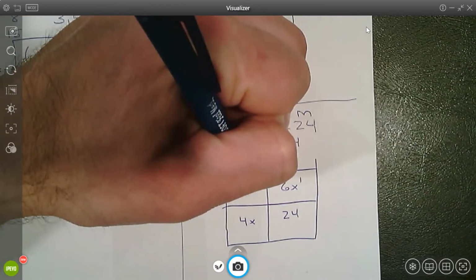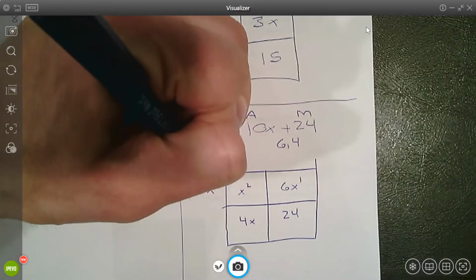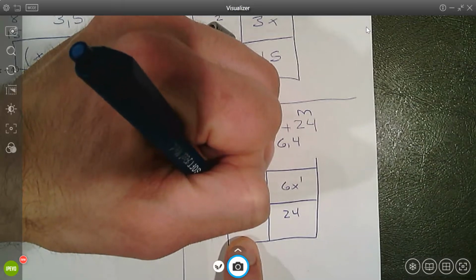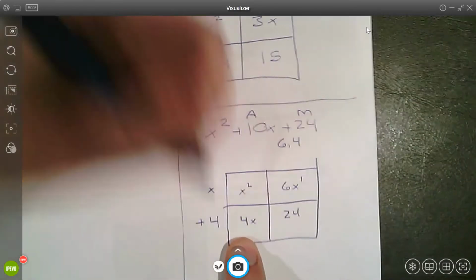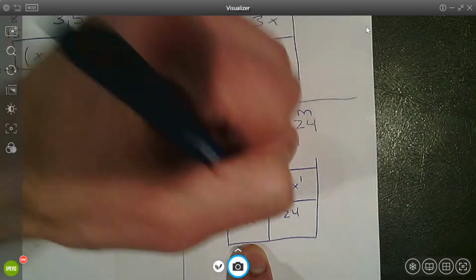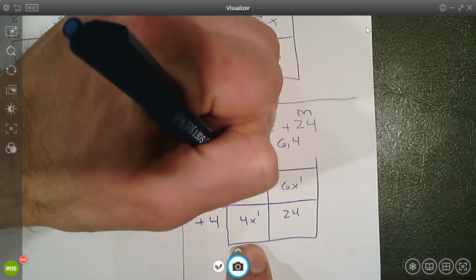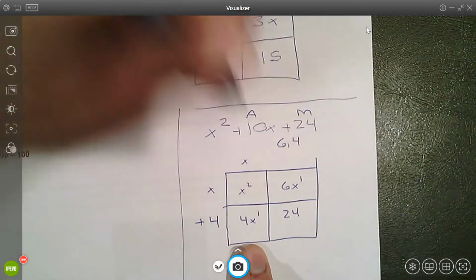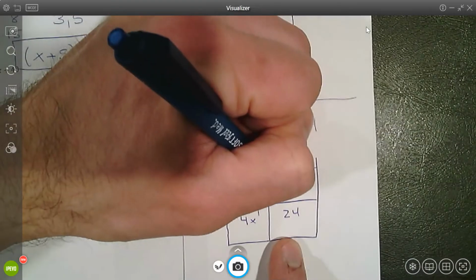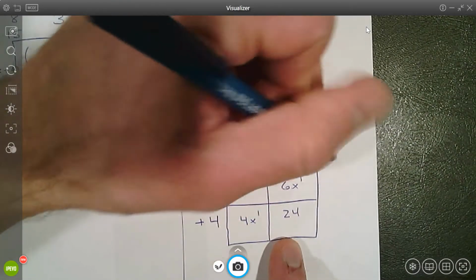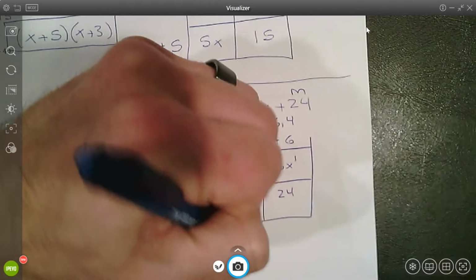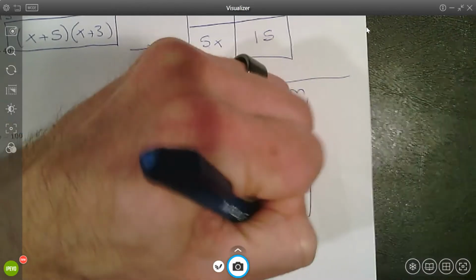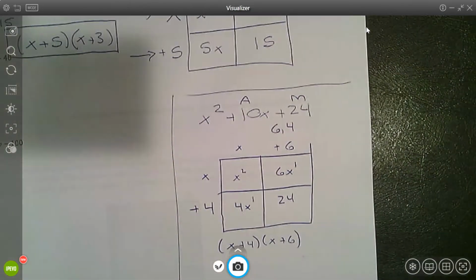The smallest exponent on the x's is a 1, so this is going to be x to the first. 24 is divisible by 4. 4 is divisible by 4, so this is x plus 4. For this column, x to the second, x to the first, smallest exponent is x to the first. 24 is divisible by 6. 6 is divisible by 6. So the factors of this trinomial are x plus 4 times x plus 6.